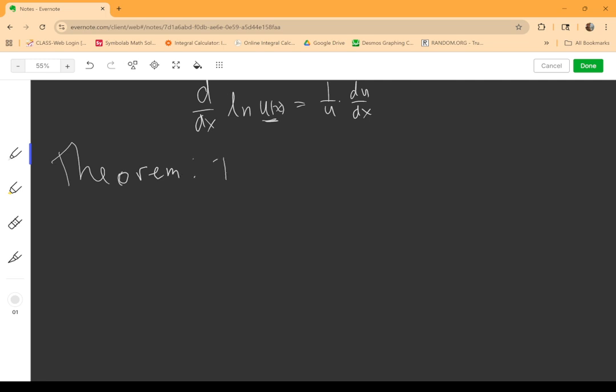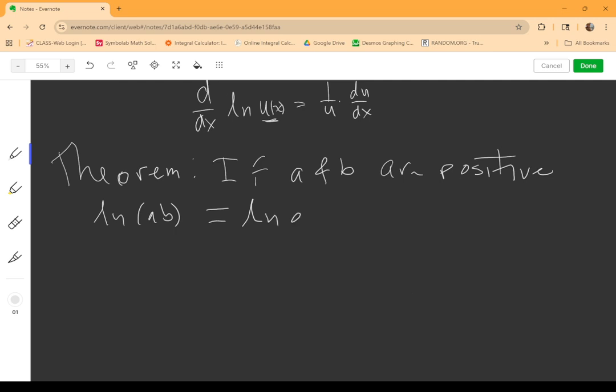We state that if a and b are positive, then ln of ab equals ln of a plus ln of b.